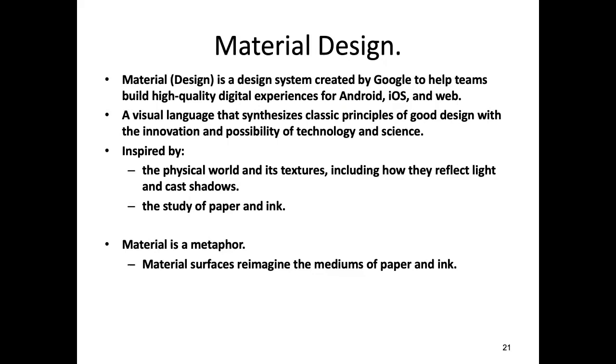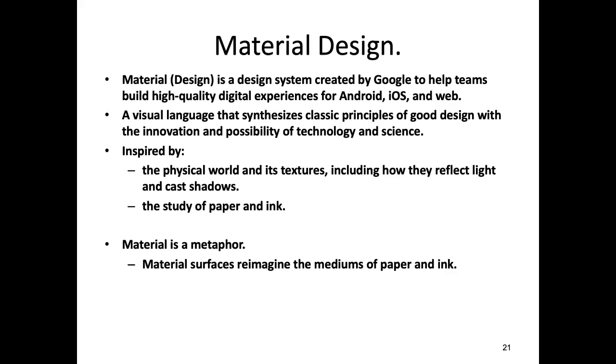Back in 2010, Google took it upon themselves to come up with a set of principles or guidelines or standards related to the design of user interfaces for both native apps and web apps. And what they drew from was not so much what was best practice in that world at the time.